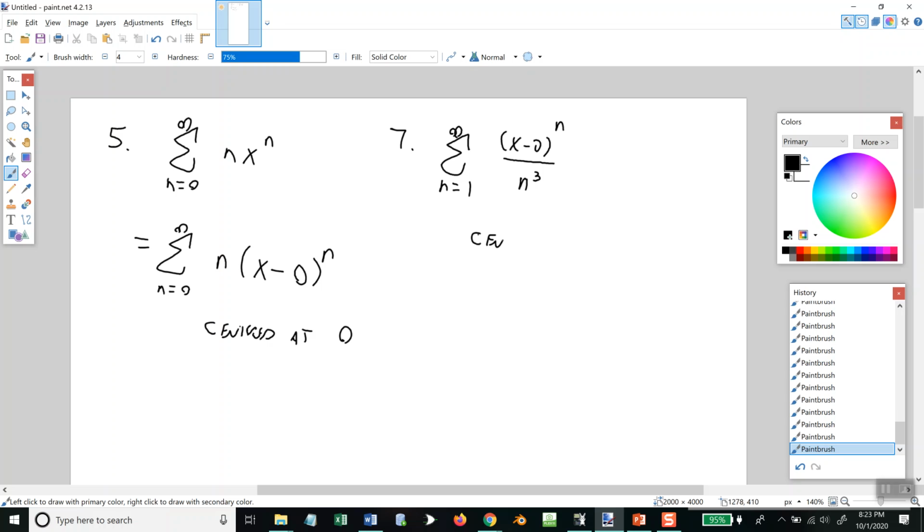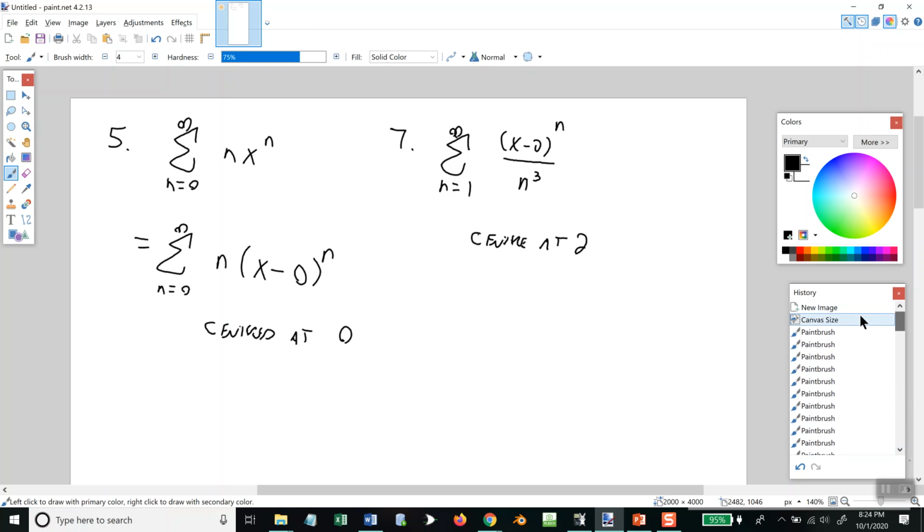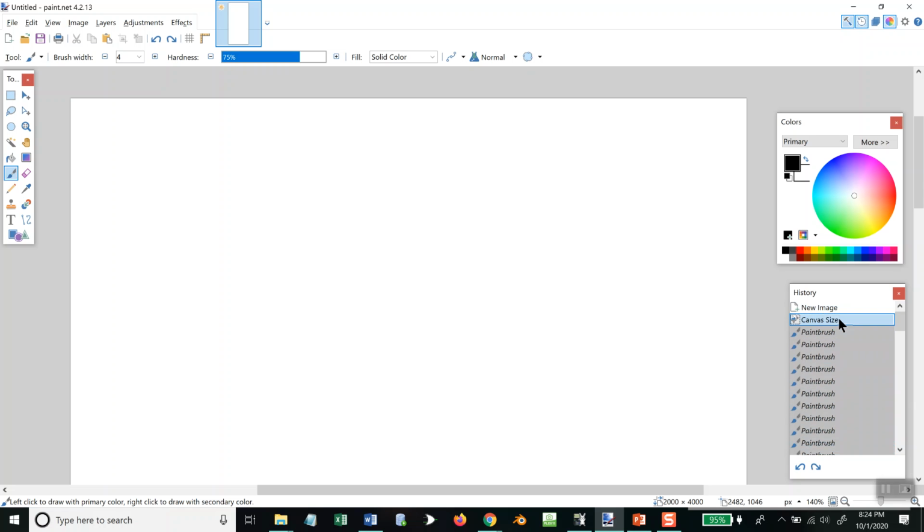At 2. And so that's our answer. As long as you have something that's x minus something to the n, that's when you use it, for this section.